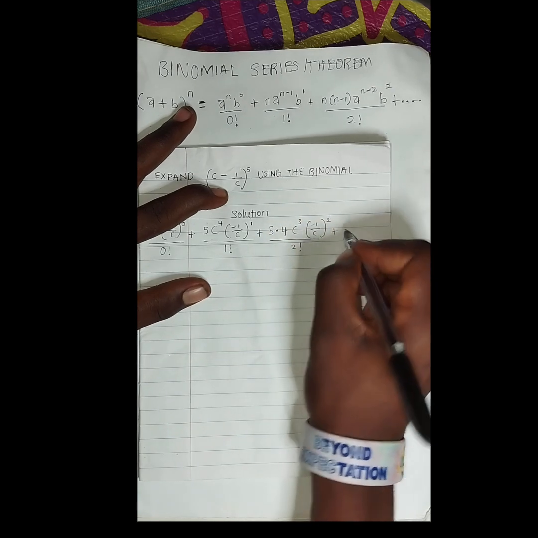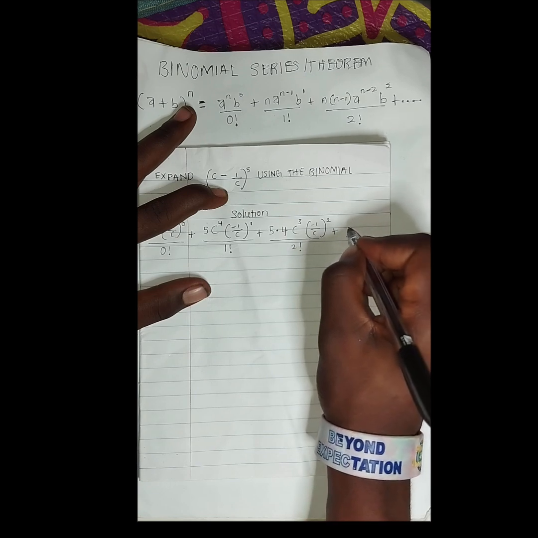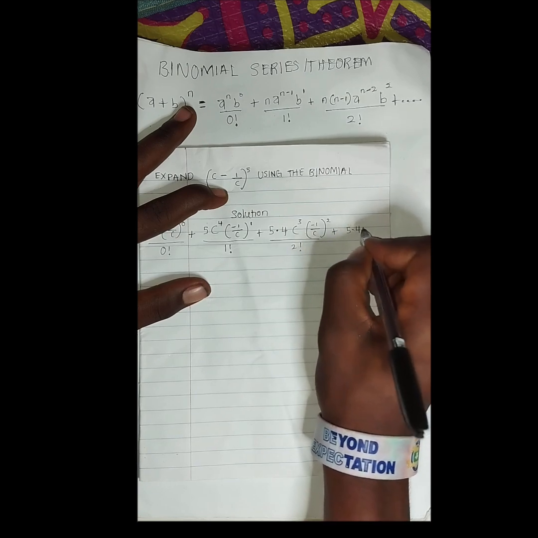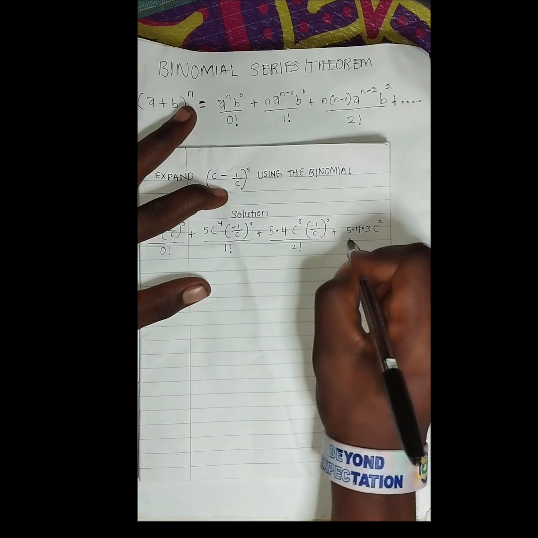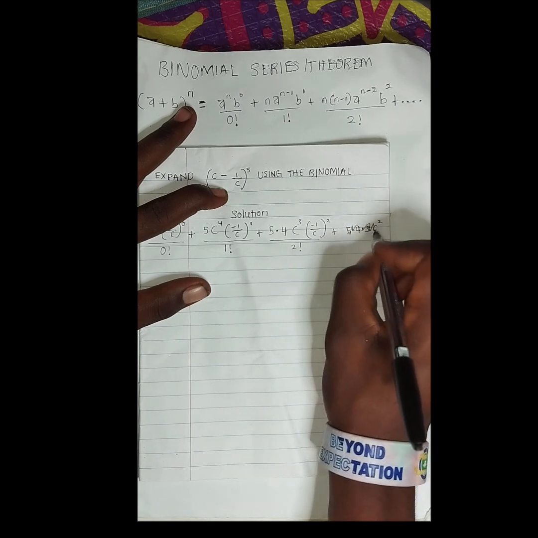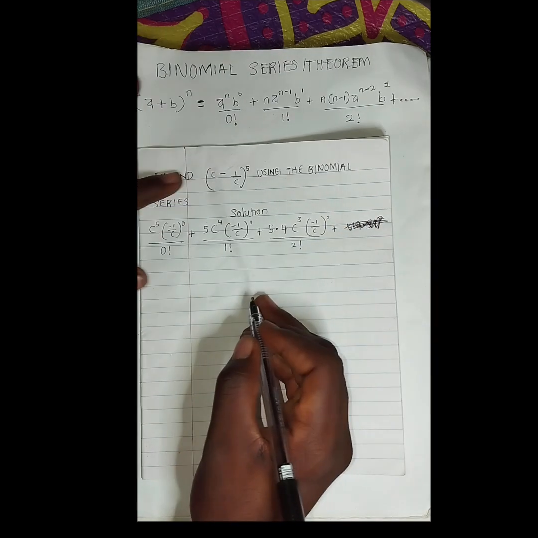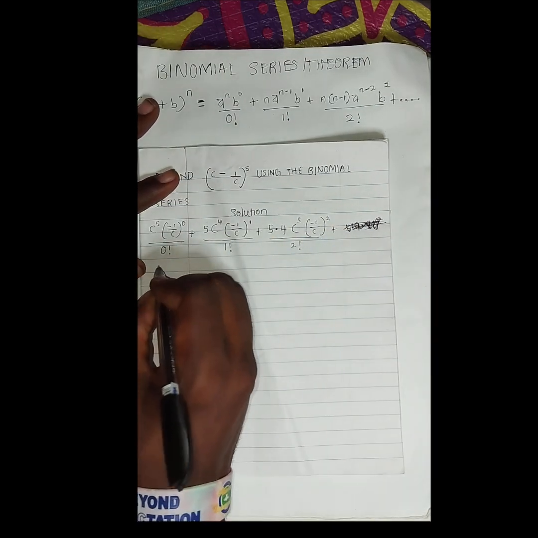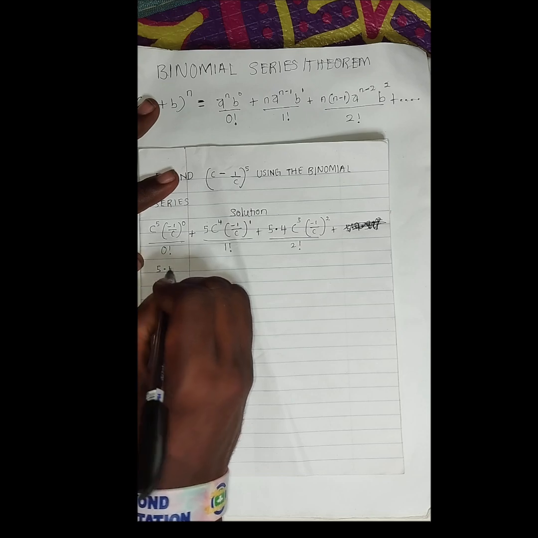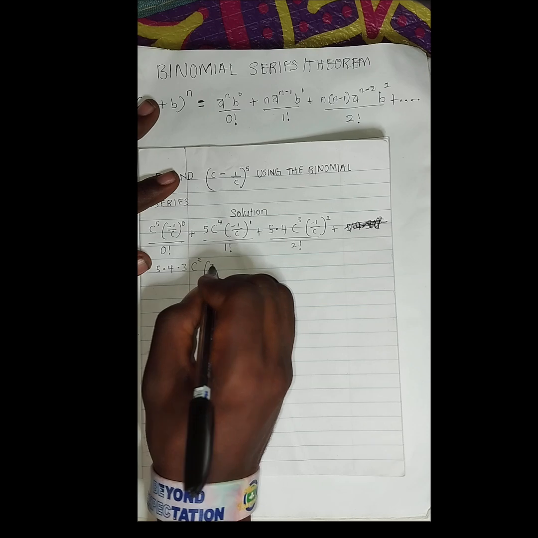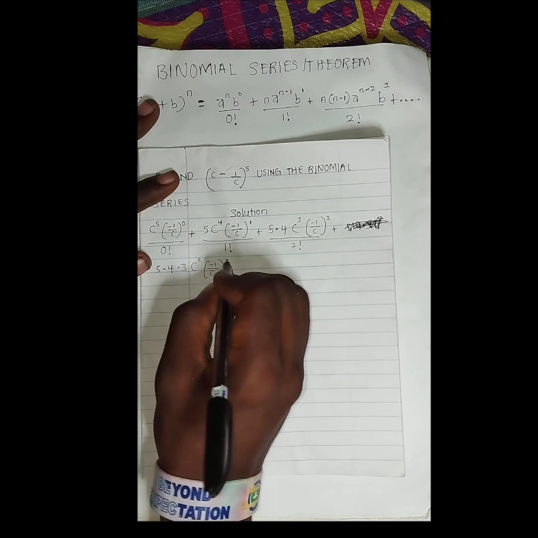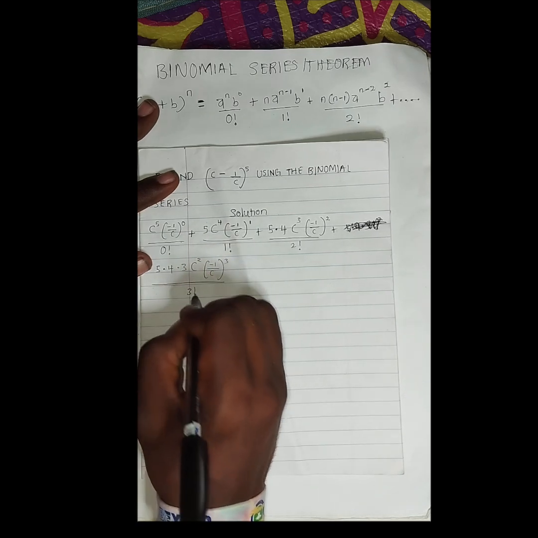Same thing. You keep going. 5 times 4 times 3, c raised to the power of 2, minus 1 over c raised to the power of 3 over 3 factorial.